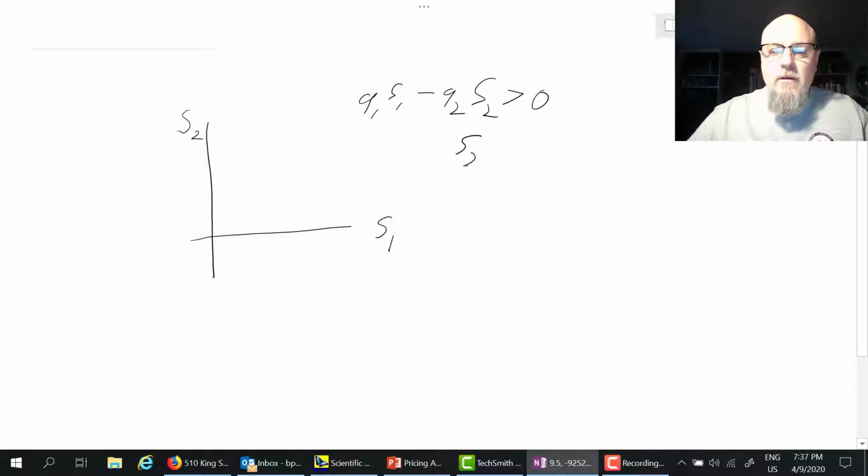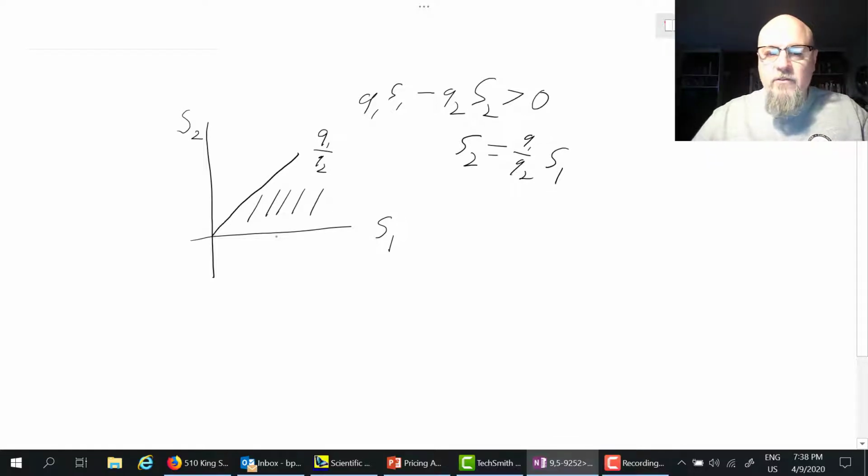So let's make this a line: S2 equals Q1 over Q2 times S1. So we've got a line that goes through the origin with slope Q1 over Q2. We're talking about exercising where the thing I get, the S1, is worth much more than the thing I give, the S2.